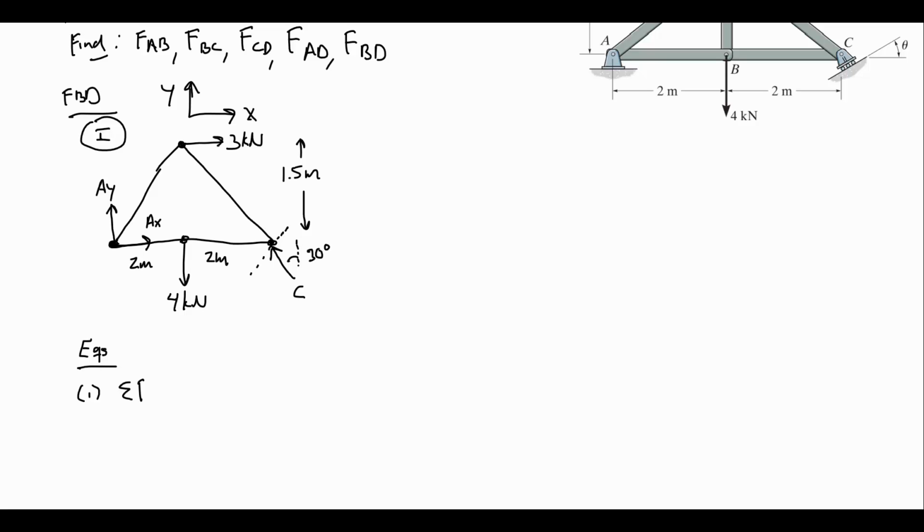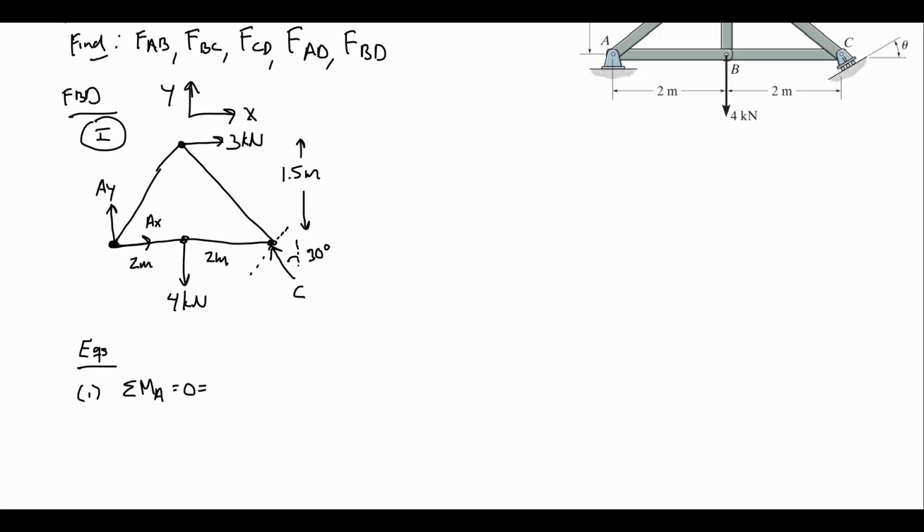And actually here, I'm going to start with the sum of moments. And I'll do it at point A where we have the pin, which is typical, because I know that that's going to eliminate 2 of my unknowns, and C is going to be the only unknown in this equation. The order doesn't really matter, but I know that equation 1 will immediately give me the value for C.